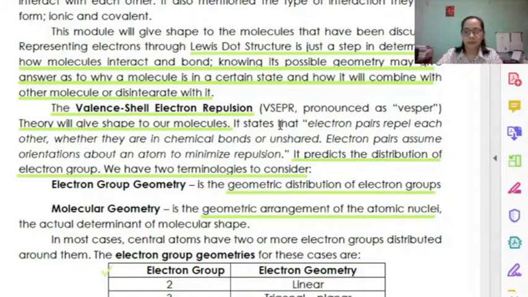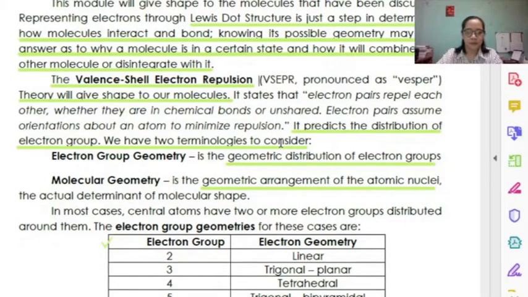It predicts the distribution of electron groups, and you have two terminologies to consider: the electron group geometry and the molecular geometry. The electron group geometry will give you the geometric distribution of electron groups, which will be discussed in the example. Molecular geometry is the geometric arrangement of the atomic nuclei, which will be shown later.